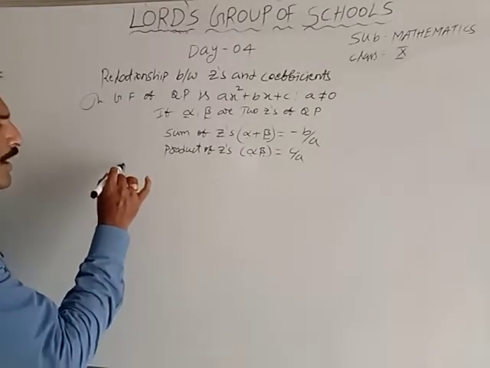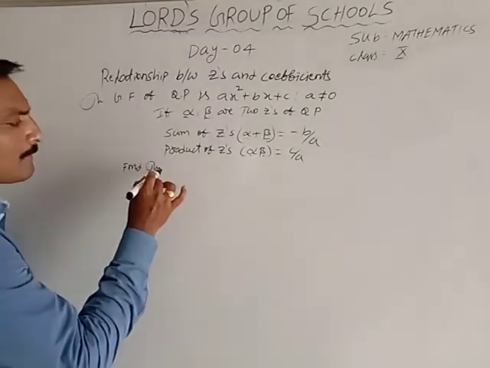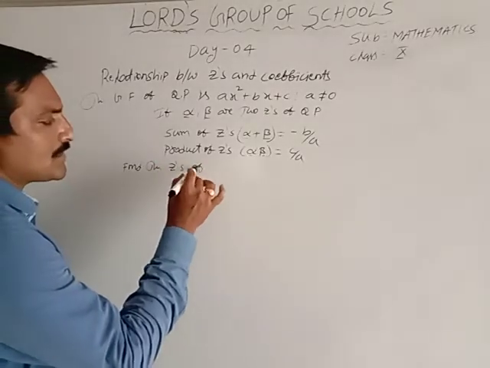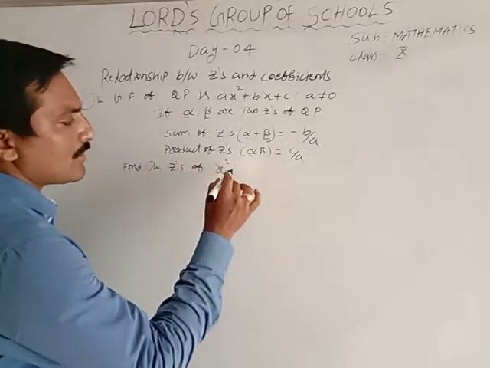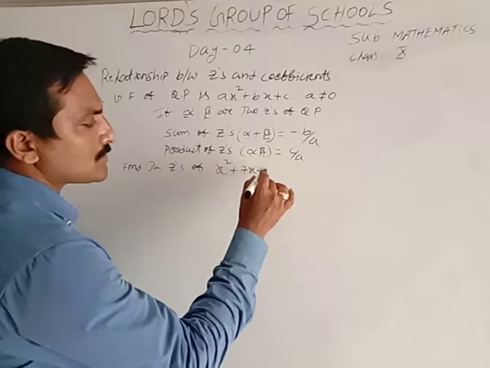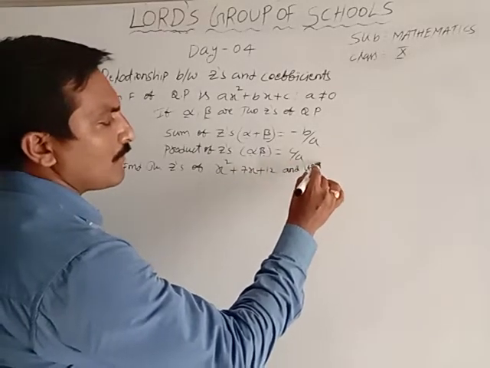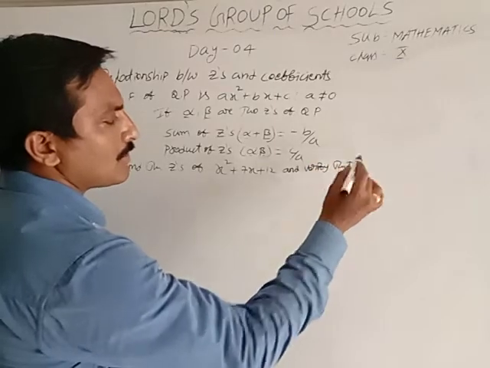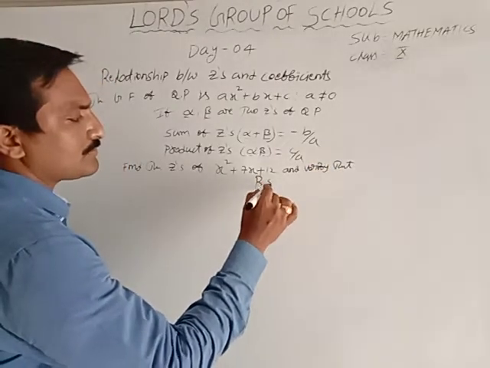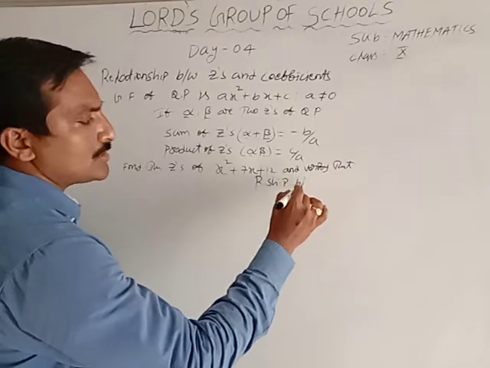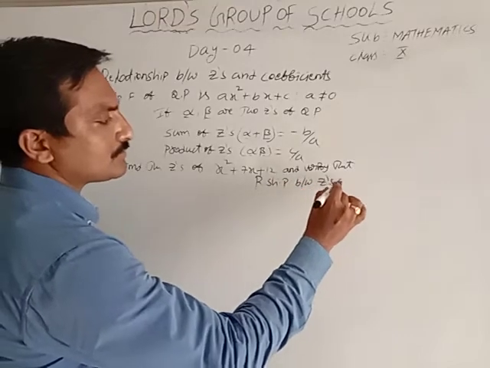For example, find the zeros of x square plus 7x plus 12 and verify the relationship between zeros and coefficients.